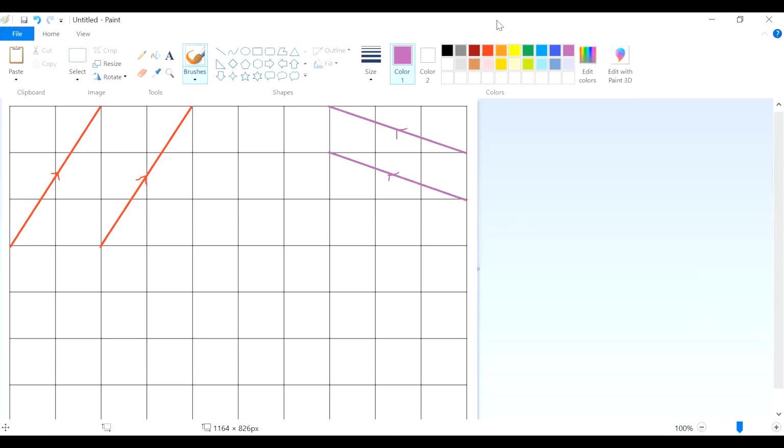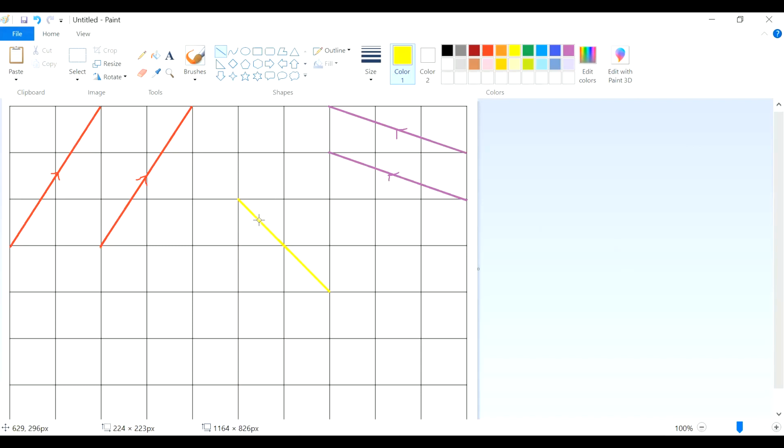Okay, let's try a few more. So for example, if I have this line, I'm going to find a pair of parallel lines. So I need to draw another line that is parallel to it.